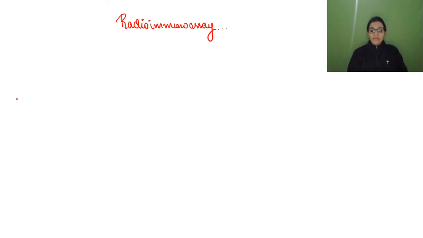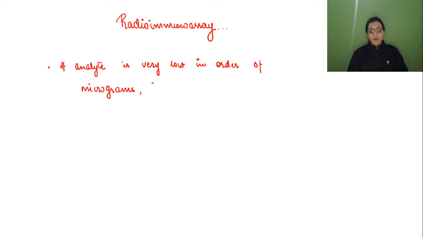This is a very elegant technique in analytical chemistry, and it is used for detection when the amount of analyte is very, very low, in the order of micrograms or nanograms.